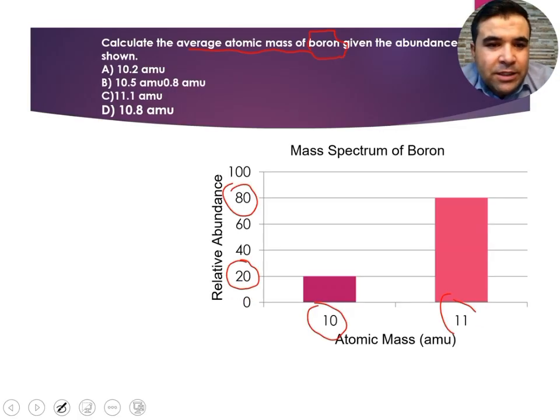So we'll be calculating 10 multiply 0.2 plus 11 multiply 0.8.